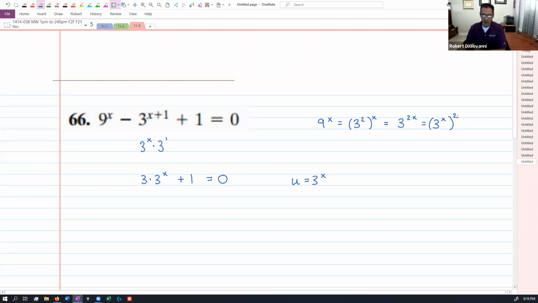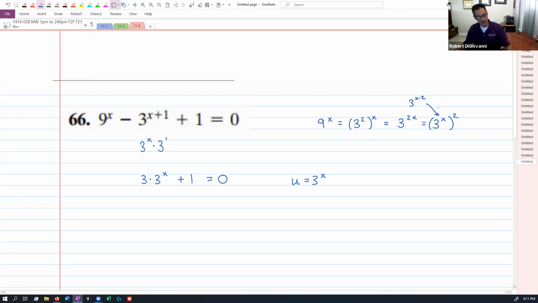I know that's weird. We're rewriting the 9 because this u, I want to make a substitution of 3 to the x. So I'm trying to rewrite this as something to the x. So I have to first rewrite the 9 as 3 squared. Then I use the property that I multiply these two to get 2x. And then because multiplication is commutative, you could have rewritten that as 3 to the x times 2, instead of 2 times x, and then convert that back over to this.